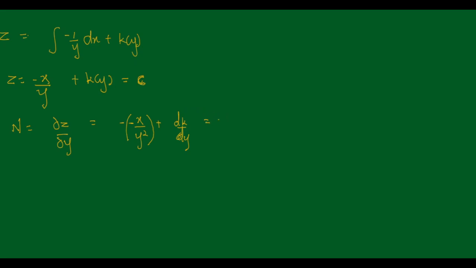And this is going to be equal to 0. So we have our n is equal to x divided by y squared plus dk dy. Sorry, this shouldn't be equal to 0. Take this out.